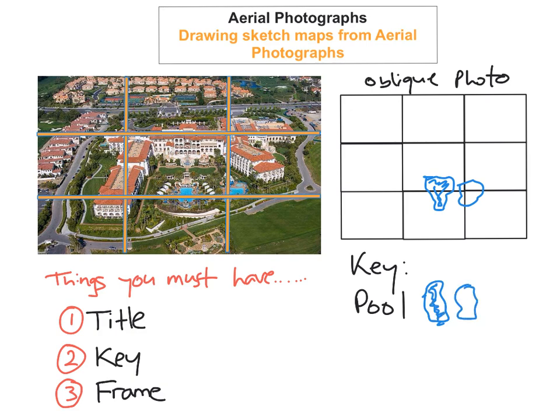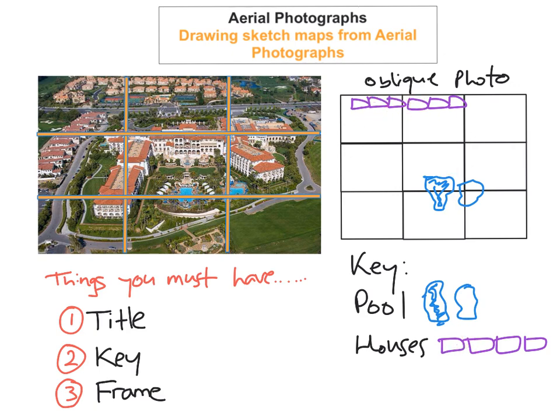You might be asked to put in some residential houses. So if you're asked to put in some residential houses, you might put them up here. And then again, in your key, houses, and you will draw in the key what you've got in the photograph. So I can see that thing there is the houses, and it can be found up here.